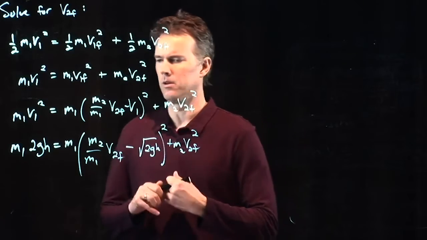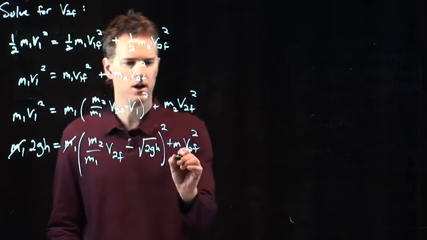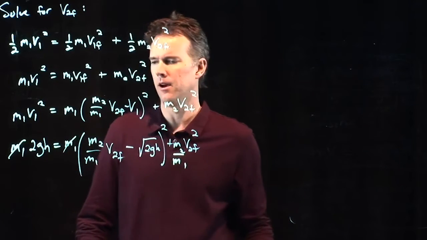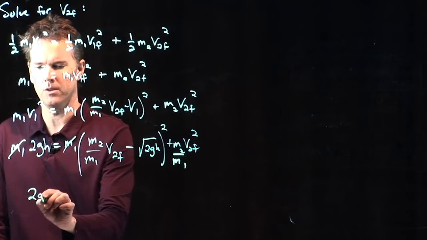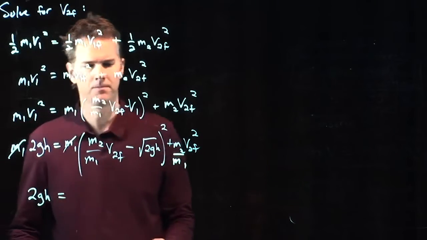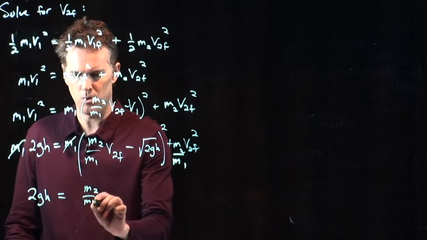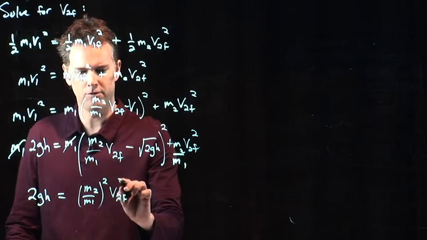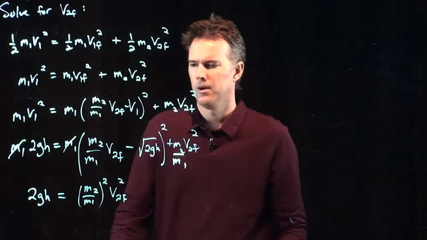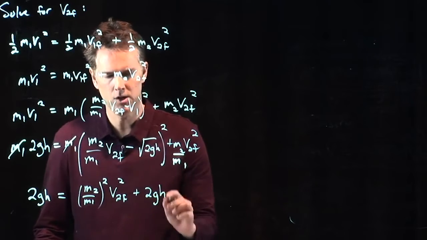All right, what can we do? Well, let's simplify it a little bit. We can get rid of that m1 there, that m1 there, if I put an m1 down there. Okay, and now we need to square this thing out. So what do we get? We get 2gh on the left side. We're going to get m2 over m1 quantity squared times v2f squared. We got to square this term, and so we're going to add our 2gh.